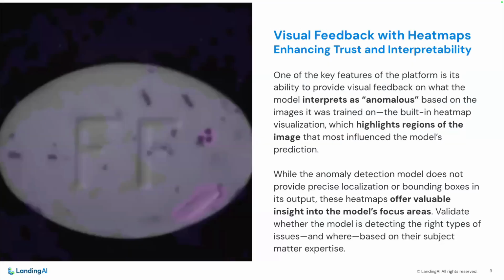We also offer heat map capabilities. So this is helpful just to understand and increase trust in what your model is understanding is unique or abnormal on the different images. This is a pretty blown up image of a pill dataset available from MVTec that we'll look at today.